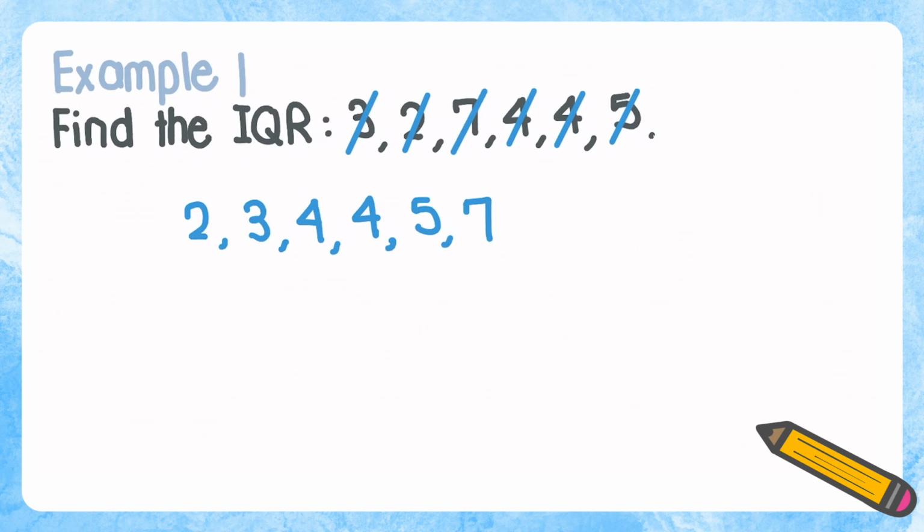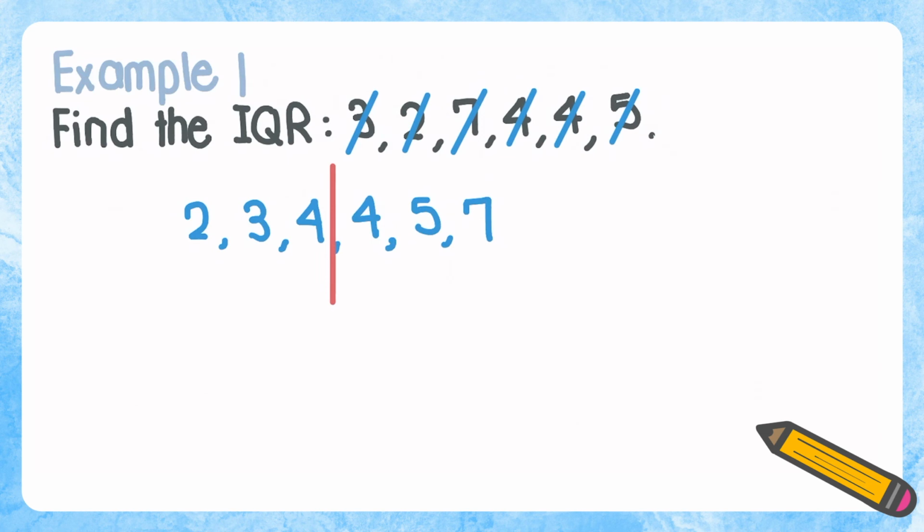And next, we're going to find the median, so the middle. That's actually right in between the 4 and the 4. So I'm going to draw a line right here so that we can better see the lower and the upper halves.